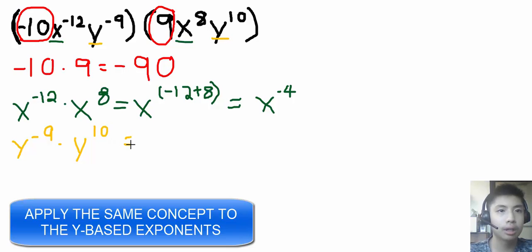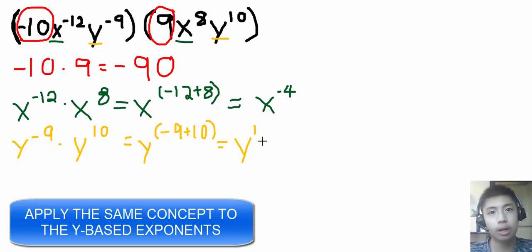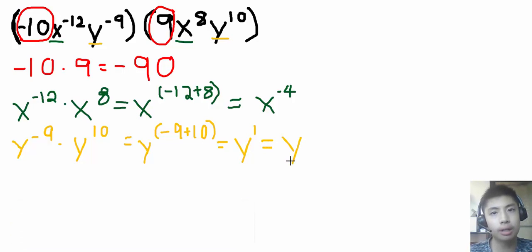That equals y to the -9th plus 10. And that equals y to the 1, since -9 plus 10 is 1. Or we can say y by itself, since y to the 1 is y.